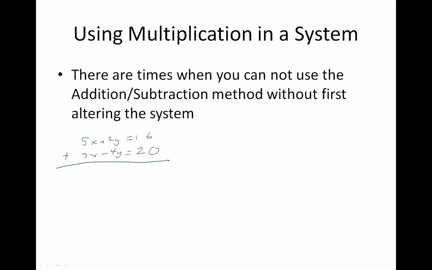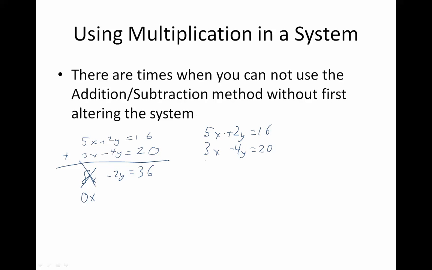Now, if I added these two things together, I would get 8x minus 2y equals 36. Now, remember, the goal of the addition and subtraction method is to eliminate something, right? We wanted to make it 0x. But that doesn't happen. And even if we subtract these two systems, we still don't end up with something being 0.